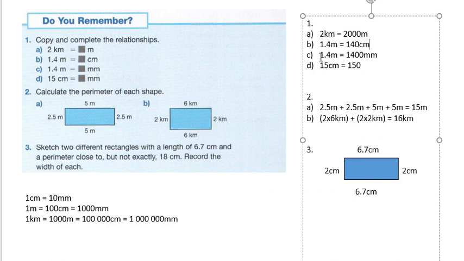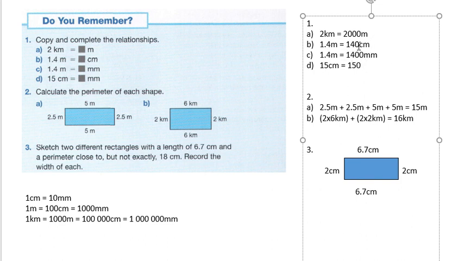For letter C, 1.4 meters is how many millimeters? Luckily for us, we already did 1b. We know that 1.4 meters is 140 centimeters. So we could just multiply the 140 by 10, which gives us 1,400. We could have also done 1.4 times 1,000 directly, which would give us 1,400 millimeters.